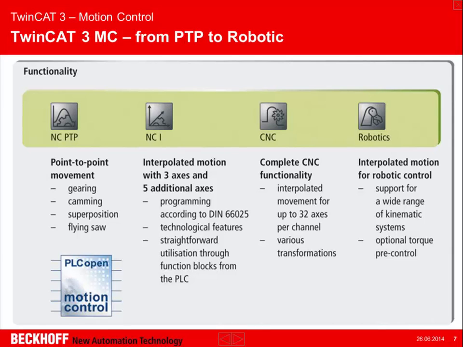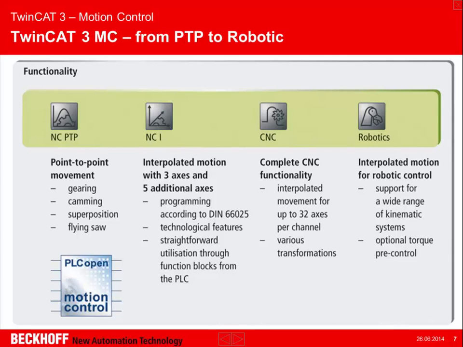So we start with the different functionalities in the different packages. In the point-to-point package we have of course the functionality of gearing, camming, superposition and flying saw. And later on we will see what is the difference between these. We have the NCI package with the 3 interpolated axes and the 5 additional auxiliary axes.